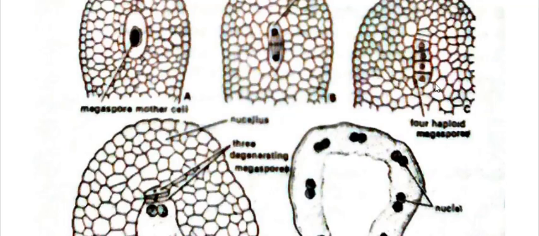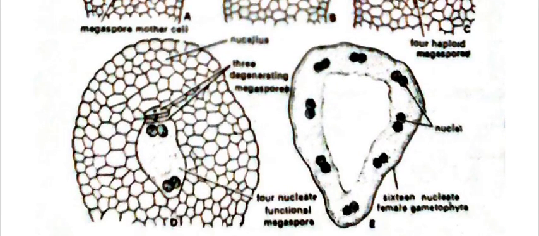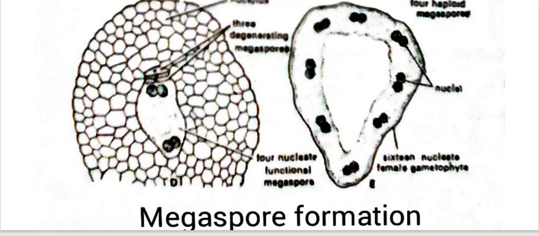The lower haploid megaspore, which is functional, enlarges, and then its nucleus divides mitotically to produce the female gametophyte, the development of which we will discuss in the next lecture. This is a diagram of the developing female gametophyte.